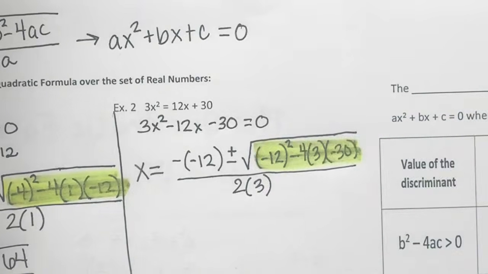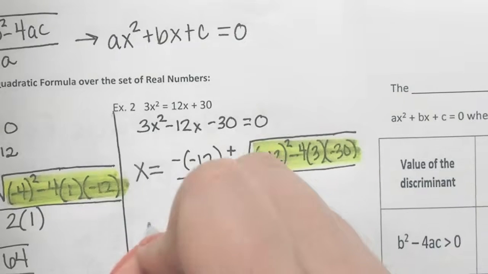And the cool thing about Desmos is once you do it one time, all you have to do is change the numbers. So this is negative 12 squared minus 4 times 3 times negative 30. There we go. 504.